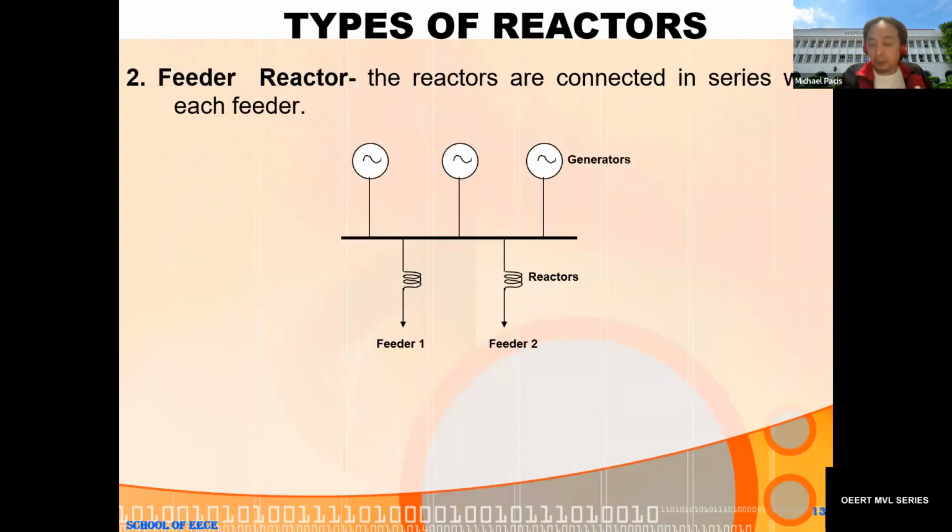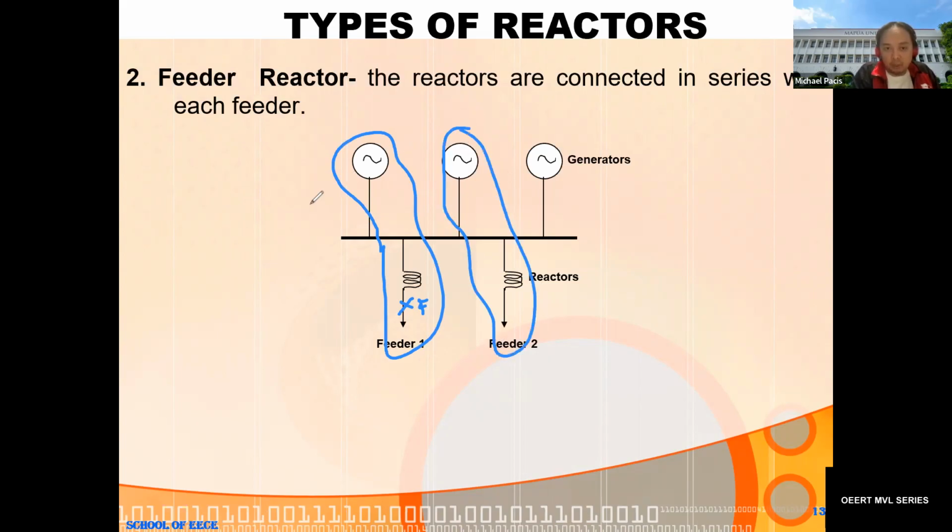Okay, ang feeder reactor naman is located here at the feeder side. So which means this is practical simply because majority of the faults, 80% of the time, comes from the feeder. If there's a fault occurs at feeder number 1, this is what I call localized or isolation. If this is section 1 and section 2, before the fault reaches the second section, okay, ano na siya?